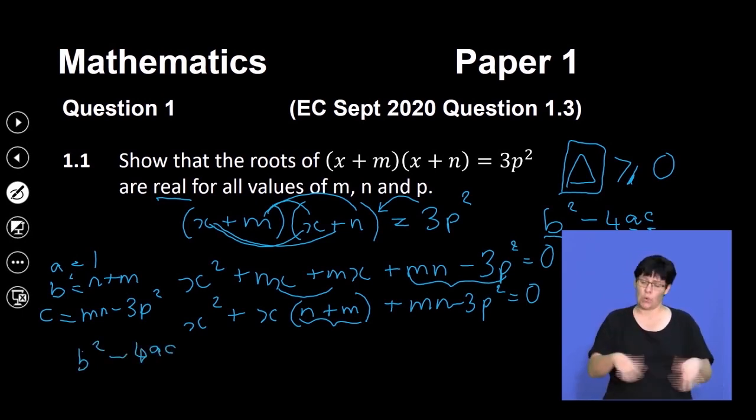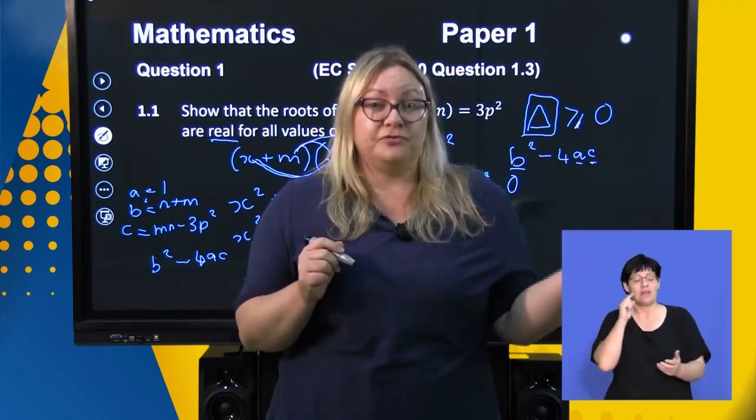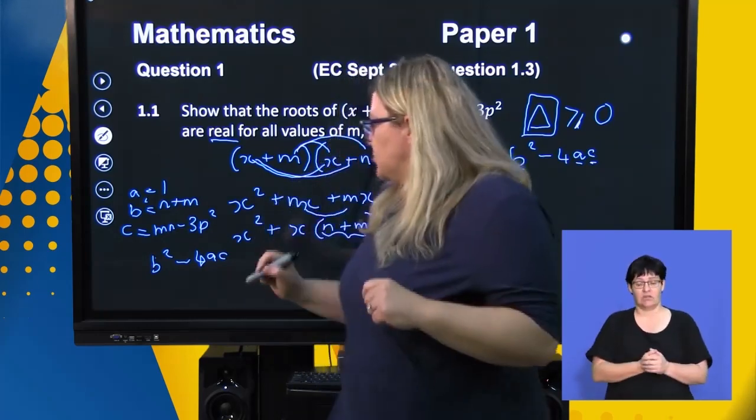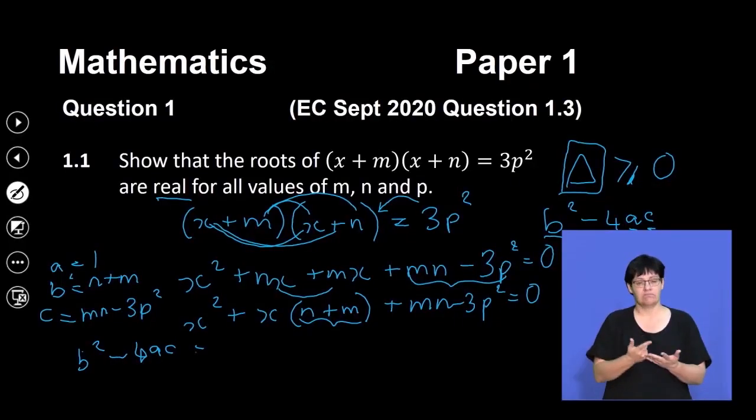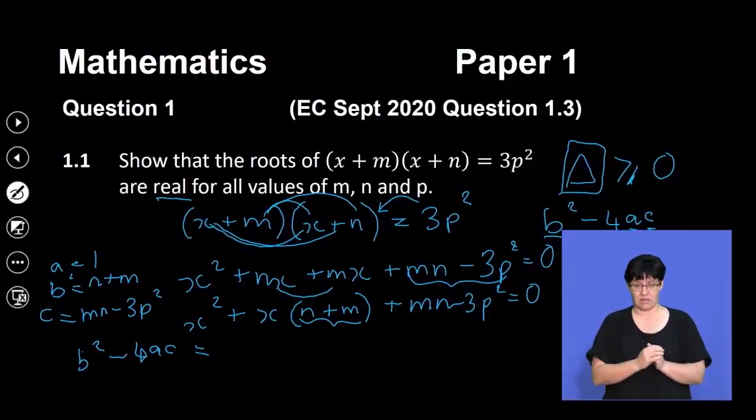It's very important to remember that this is asking us to show that the discriminant is greater than or equal to 0. We can't assume that it's greater than 0 to prove that it's greater than 0. So let's take this expression, calculate its value, and see if we can show that it's greater than 0. So we're going to sub in the values first.